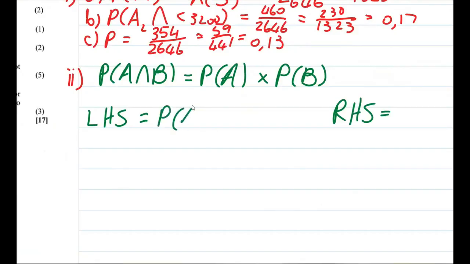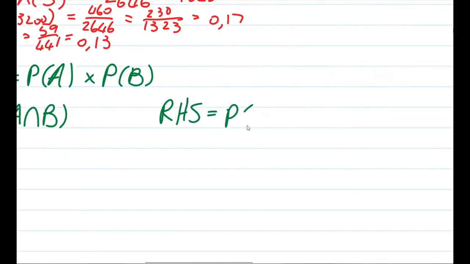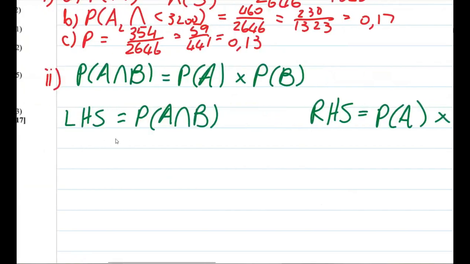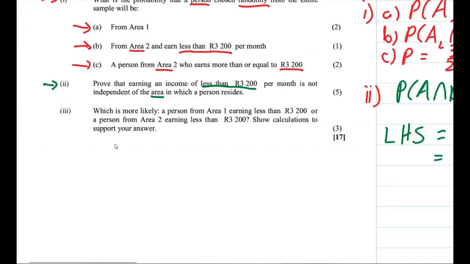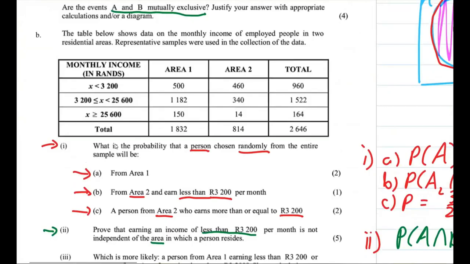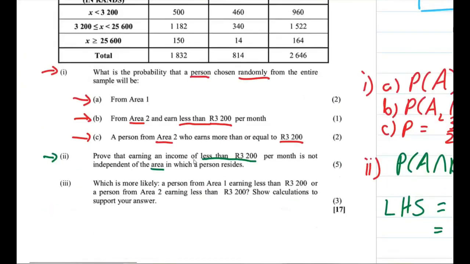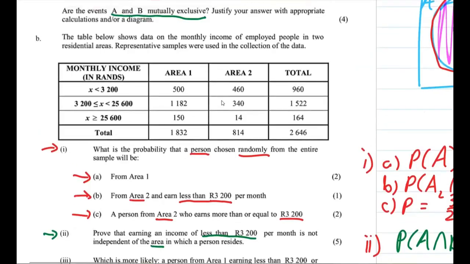The left-hand side is the probability of A and B, and the right-hand side is the probability of A times the probability of B. Good. Now let's look at the probability of A and B. Can you remember with A and B, we're going to use that line method. Yes, so we're going to say, all right, probability of A, let's call it less than 3,200. So that's this row, correct?